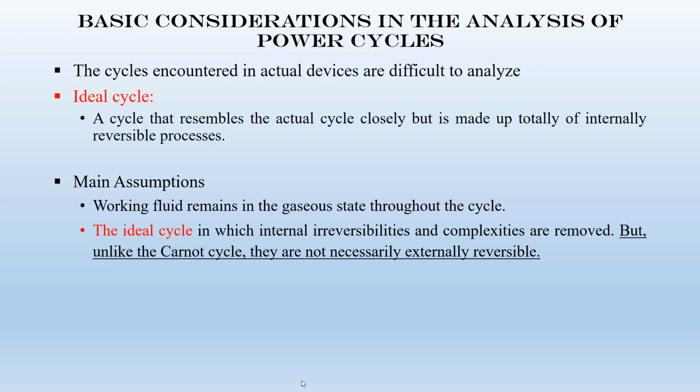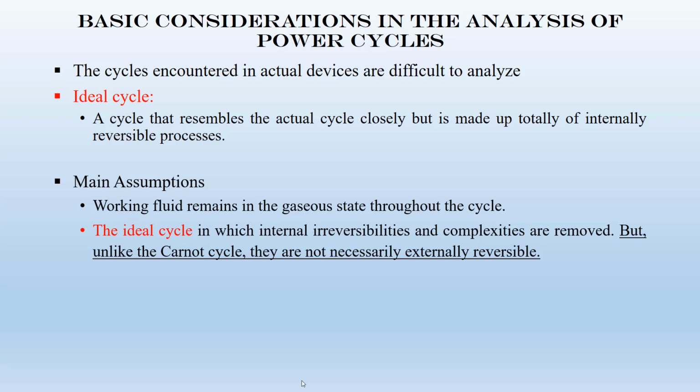Keep in your mind that the ideal cycle is different from the Carnot cycle. The Carnot cycle is both internally and externally reversible. However, the ideal cycle is internally reversible, meaning that it can be externally reversible or irreversible.